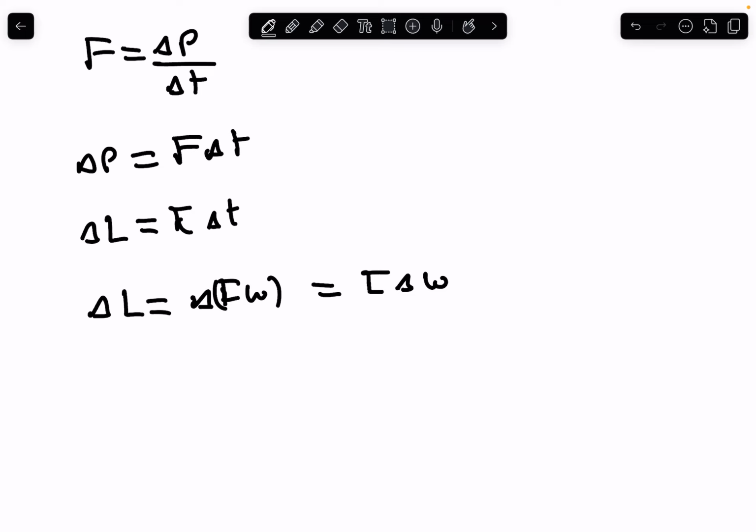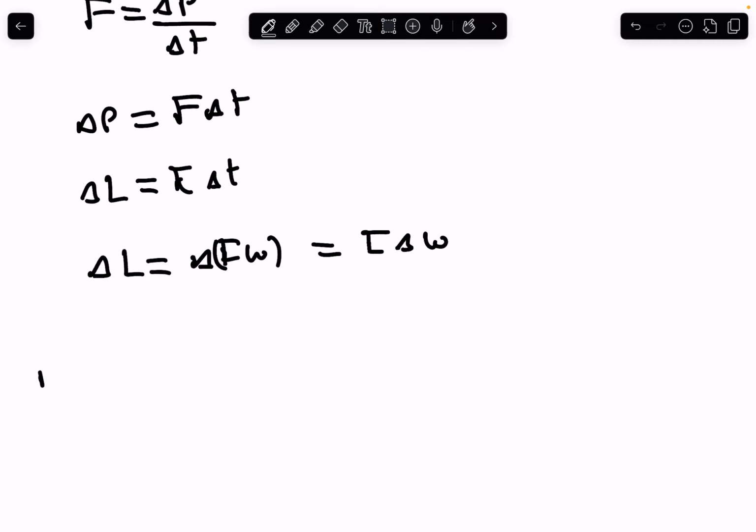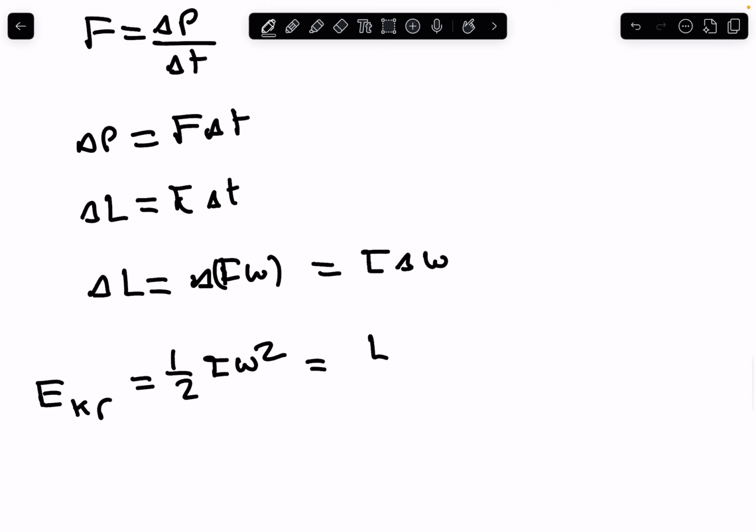Finally, in the rotational world, of course, conservation of energy also applies. So we have the equation for kinetic energy in rotational terms. The rotational kinetic energy, let's say it's EKR, so you don't confuse it with translational kinetic energy, equals half I omega squared. And it is also equal to the momentum squared over 2I.